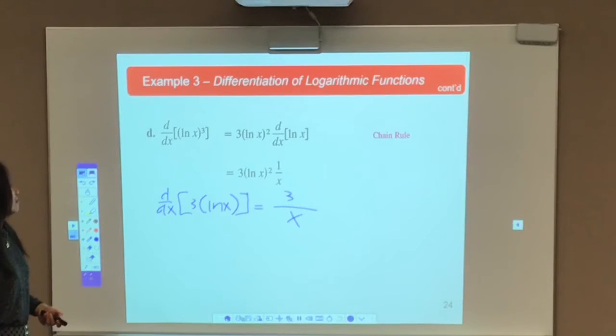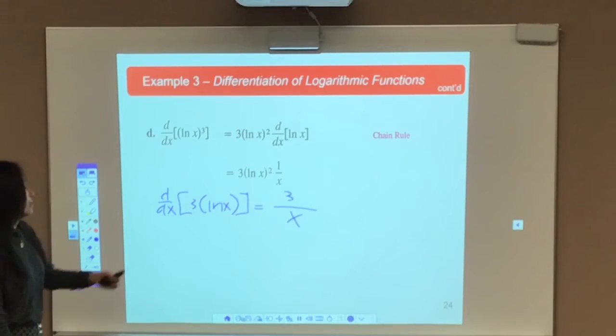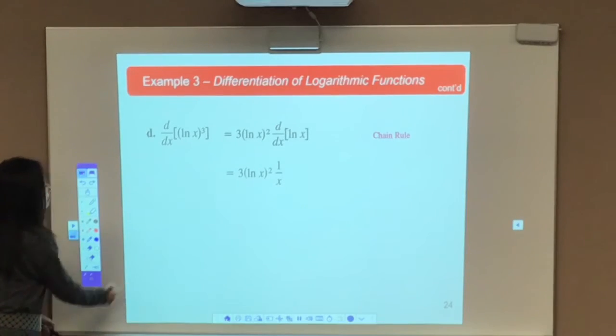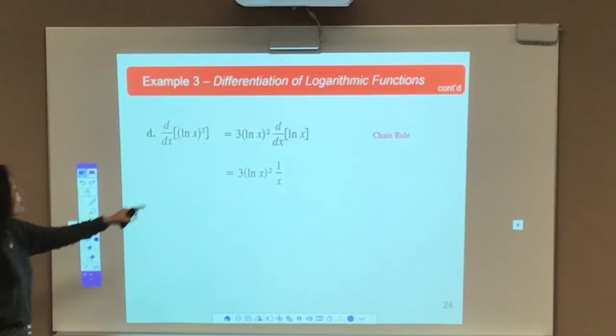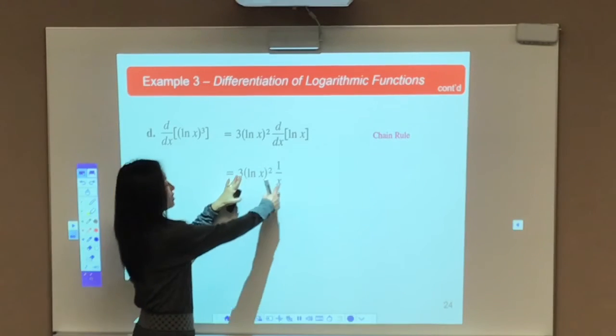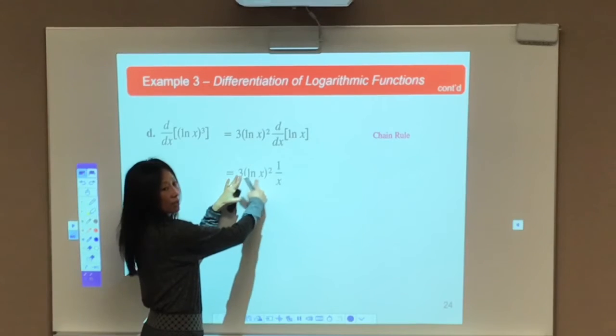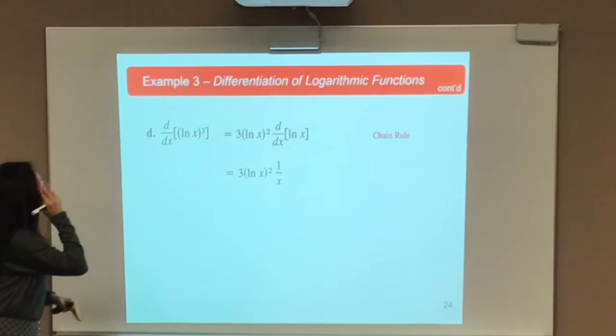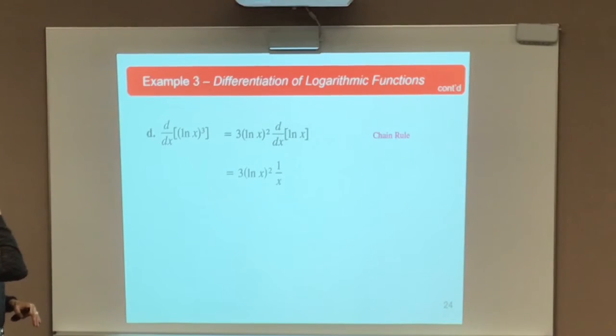Oh, their answer is not the same as mine, unless this is e. So did you notice that if I put this in the front, my answer is not the same as theirs, because we got 3 and natural log of x, but we didn't have which one? The middle part. I just got confused. Don't worry about doing a power in the front.